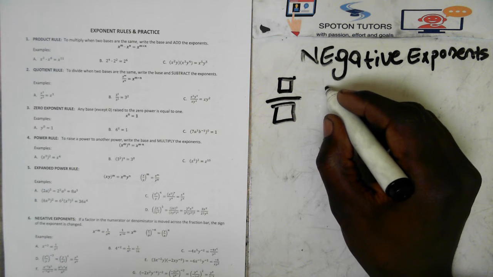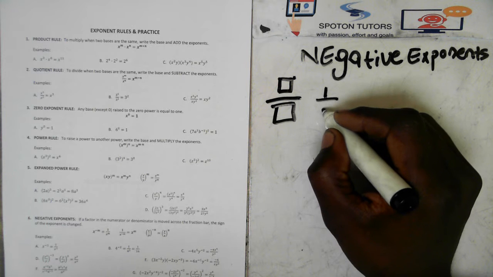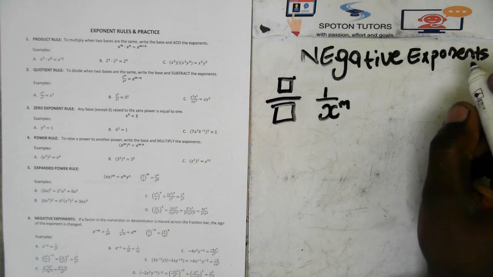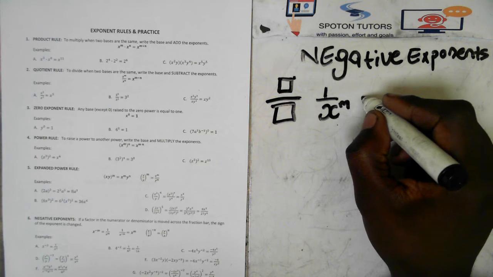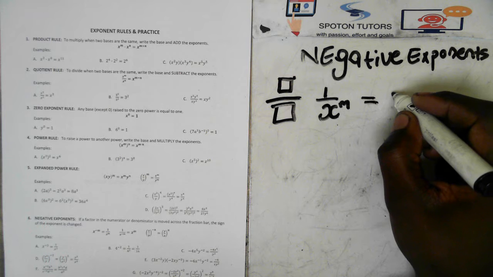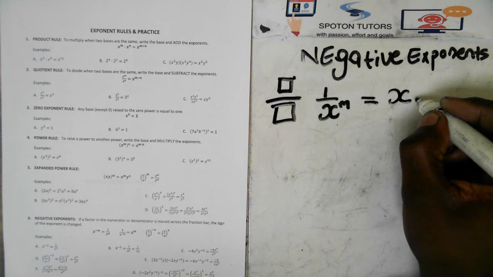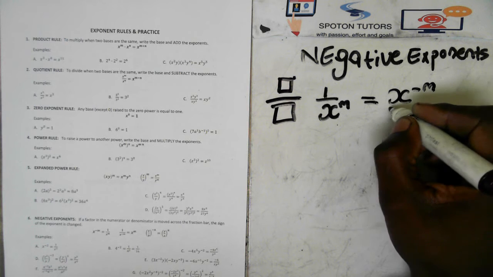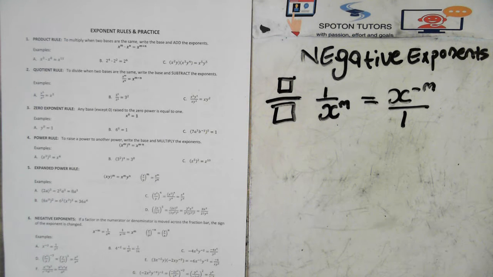If you have 1 over x to the power m, positive m, then your answer is going to be x to the power minus m over 1.